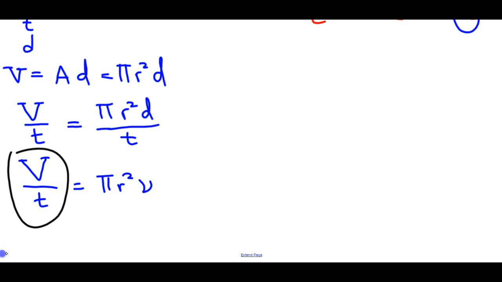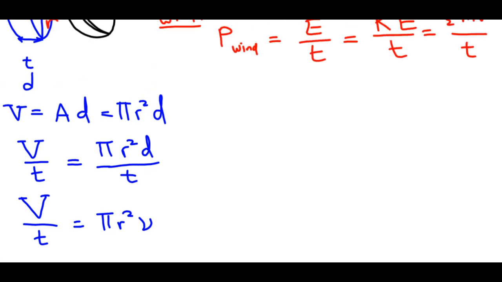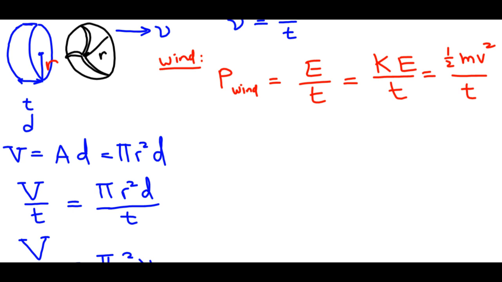It'll involve density. Right? So let me first, just so I understand exactly what I'm doing here with the wind, write the power equation as 1/2 mass per time v squared. And I need my cursive v there.